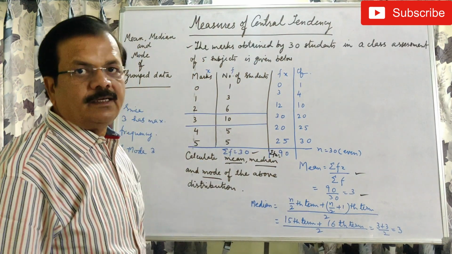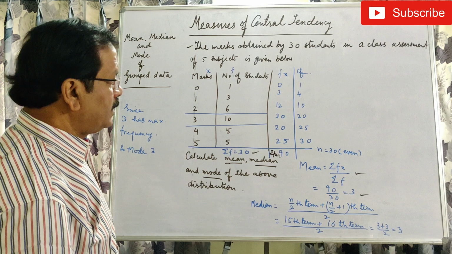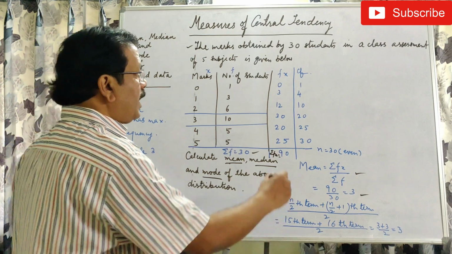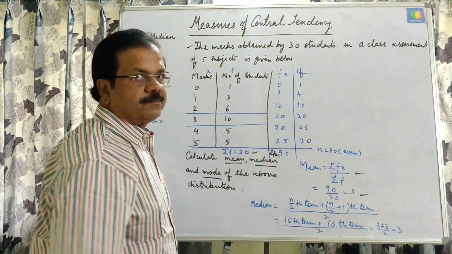Now for the second measure of central tendency, that is the median, we'll write the cumulative frequency.